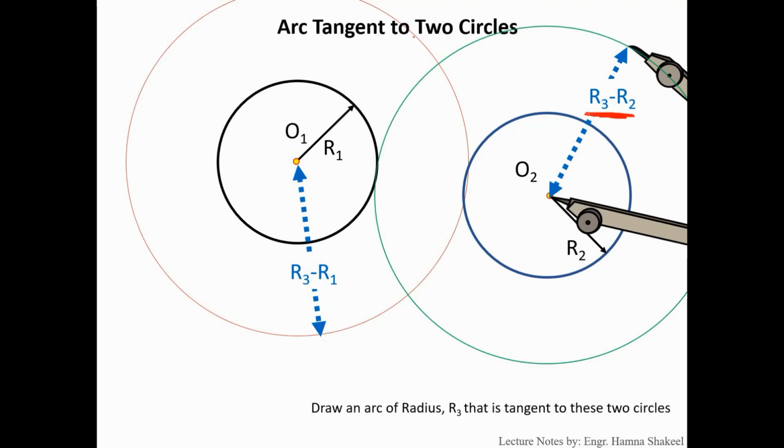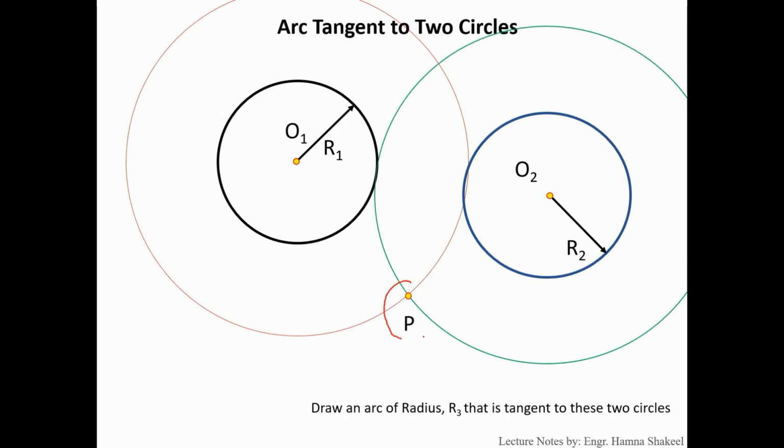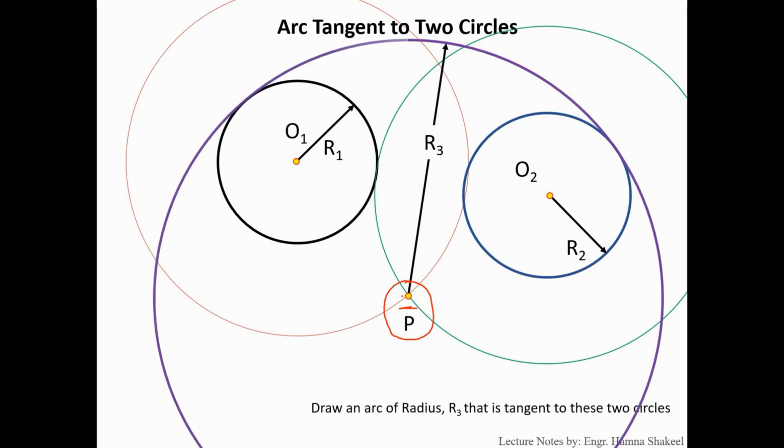So you have got two offset circles, this red one and this green one. So this is the point where the two offset circles are intersecting with each other. If you take your compass, place it at this point P, open it equal to R3 and draw a circle. That circle will touch circle number 1 and circle number 2 at tangent points.